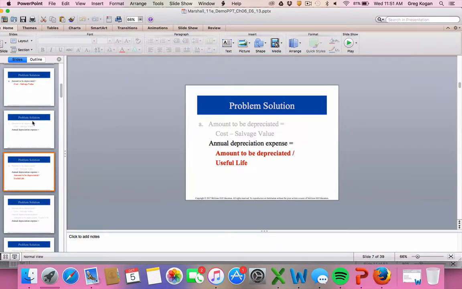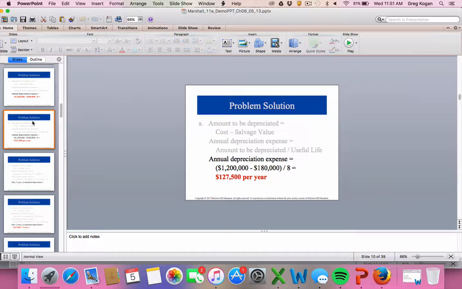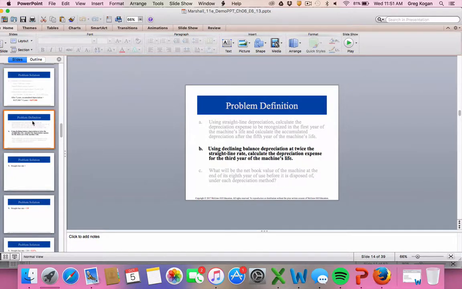The annual depreciation expense is the amount to be depreciated divided by useful life. We have a base here of 1.2 million, salvage value of 180,000, and an 8-year useful life. So the annual straight line value is 127,500. After 5 years of depreciation, that would be 637,500.